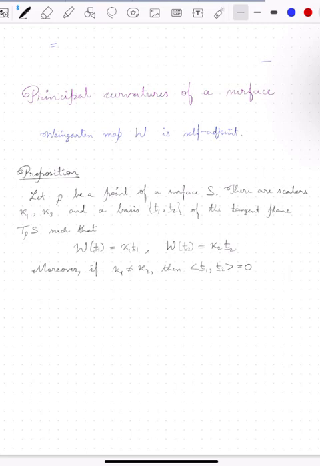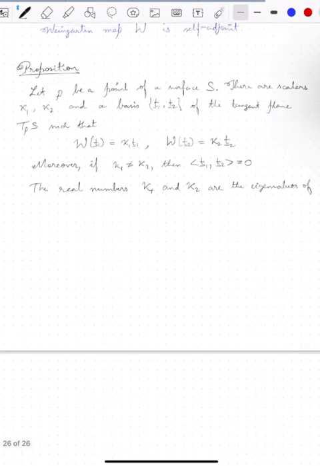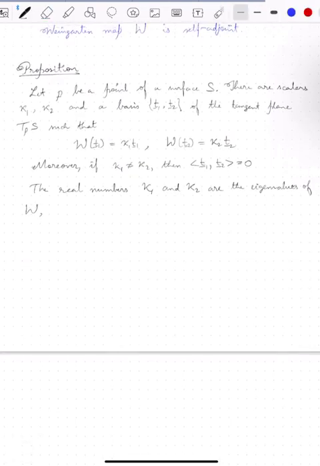Okay, so here the real numbers kappa 1 and kappa 2 are the eigenvalues of W, and T1 vector and T2 vector are the corresponding eigenvectors.